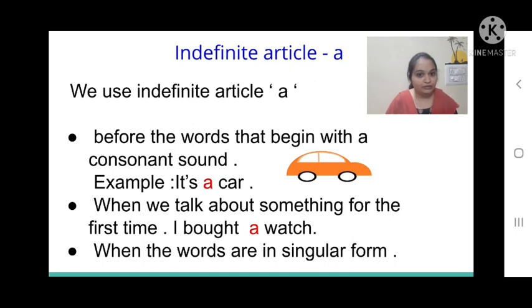One more thing we should know is that the word should be in singular form. In the two examples above, it's a car and I bought a watch, both car and watch are singular. There is one car and one watch, so we have used a.